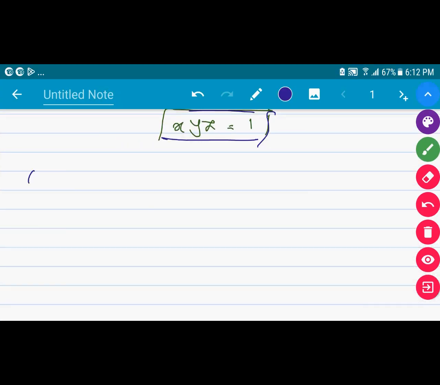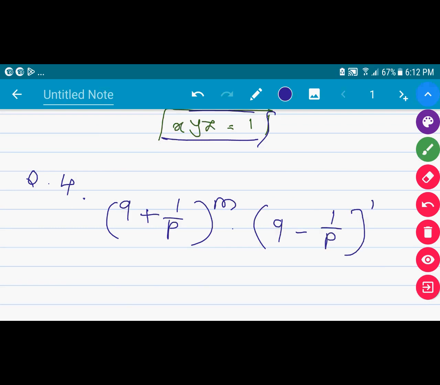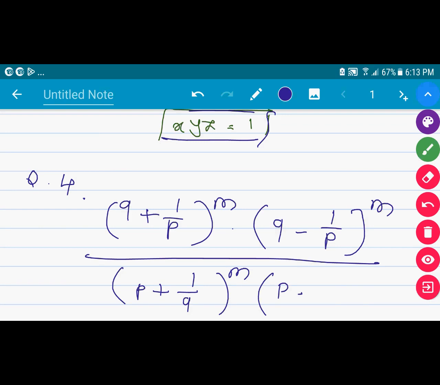Okay, now see what is given to us: (q plus 1 upon p) raised to m multiplied by (q minus 1 upon p) raised to m, divided by (p plus 1 upon q) raised to m into (p minus 1 upon q) raised to m.